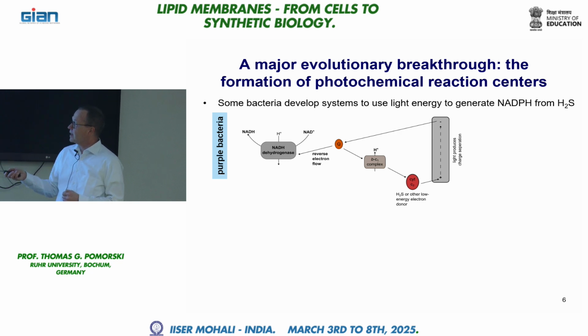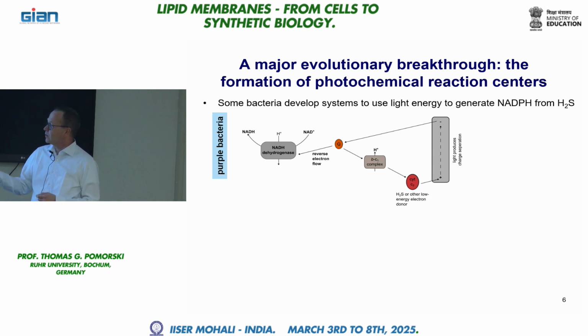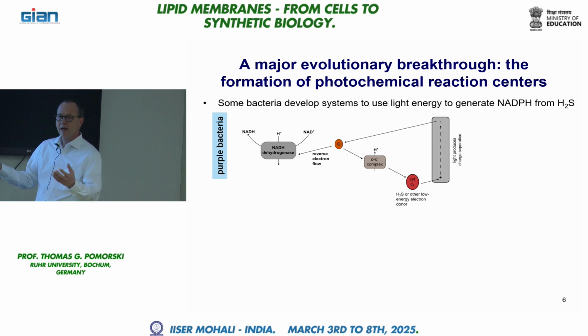So these bacteria use a trick. They have a light-harvesting protein system that steals electrons from hydrogen sulfide. That's a substance from which the electrons are not easily available, and then they are energized by the light, so they get energy-rich electrons, and these energy-rich electrons can drive a proton pump.